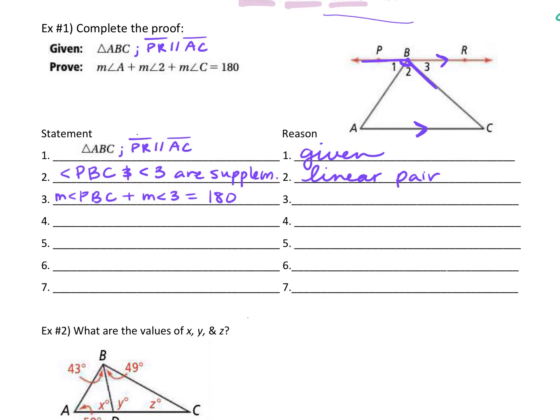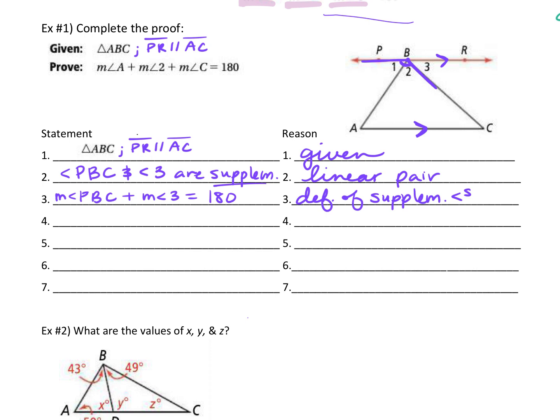How do I know that they equal 180? Definition of supplementary angles, right? We said they're supplementary. So by the definition of supplementary angles, I know they add up to 180.